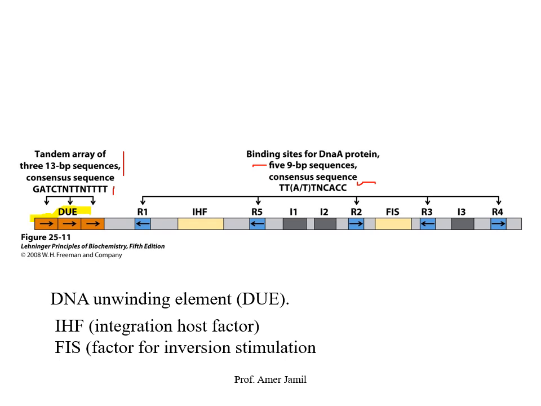And then there are some others like IHF, integration host factor, and FIS, factor for inversion stimulation. So the whole of this makes the origin of DNA replication, where DNA replication may be initiated. These are specific sequences which recognize the proteins required for DNA replication.